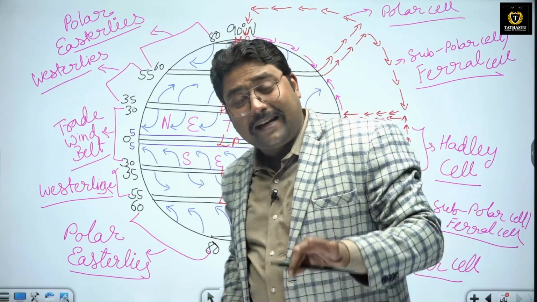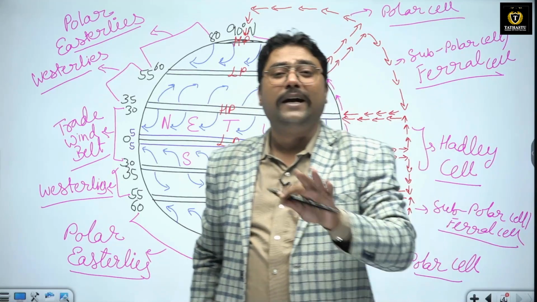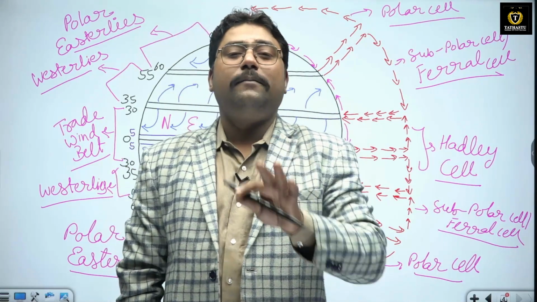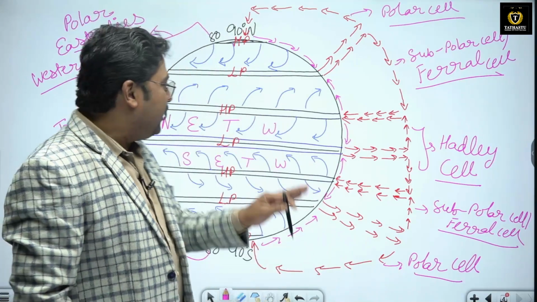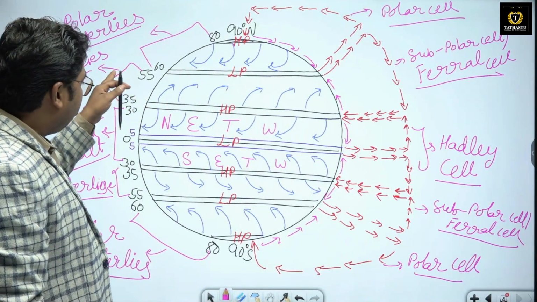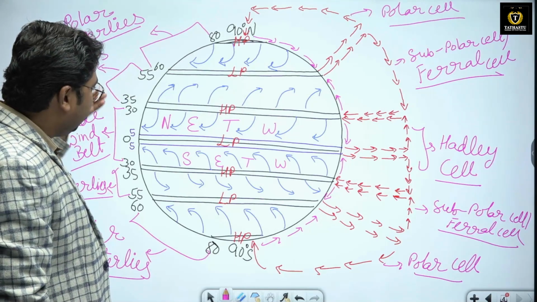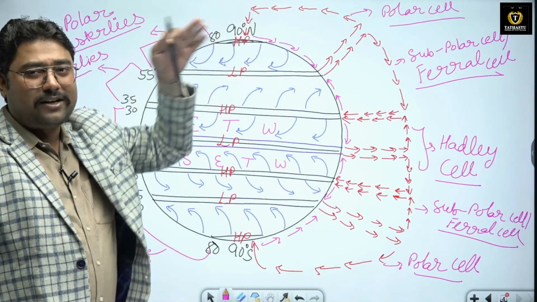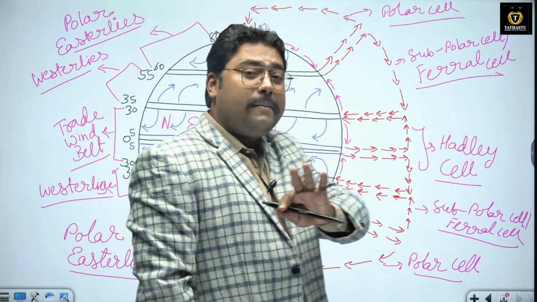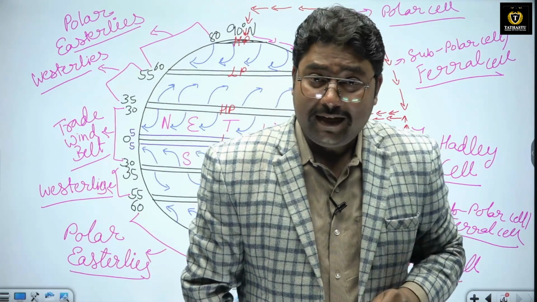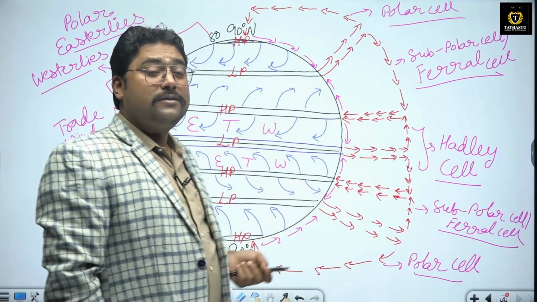We have seen right now that the speed of wind is determined due to friction. So in northern hemisphere, if we see between 35 to 60, many land masses are there, North America, Europe, Asia. So the obstruction will be more and the wind speed will be less.